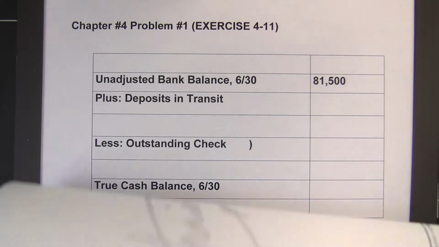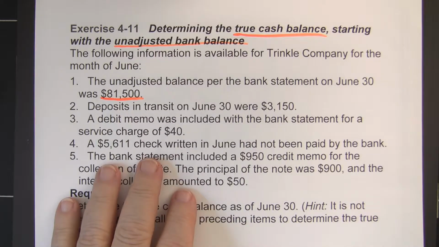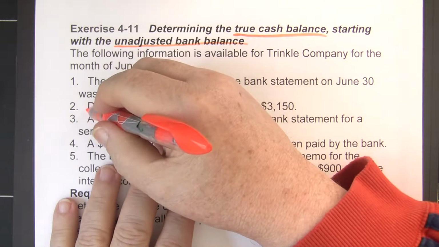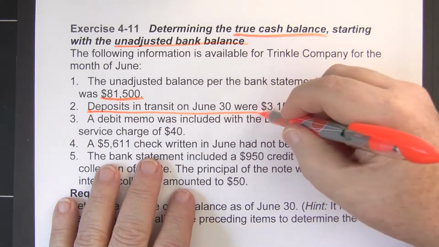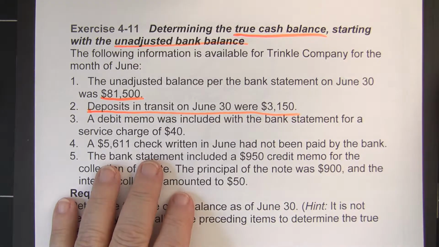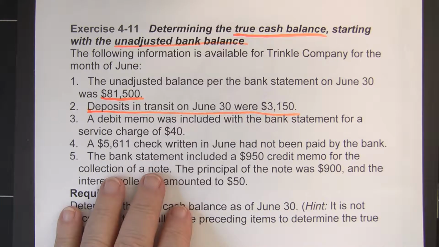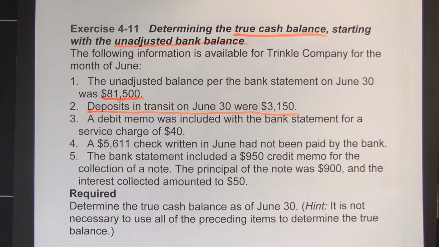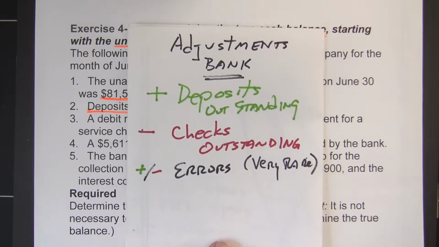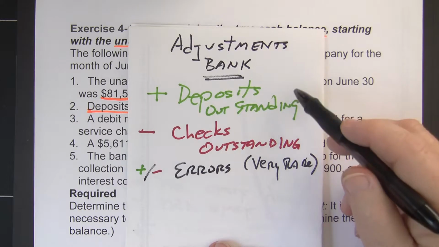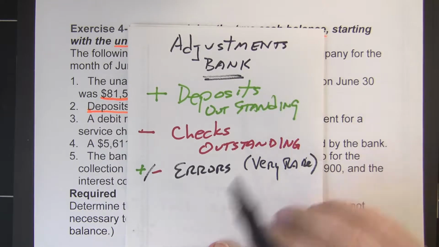So we got that. Then they tell us that deposits in transit were $31.50. Here's a quick look at the adjustments we would do for a bank: checks outstanding, deposits outstanding, and errors.